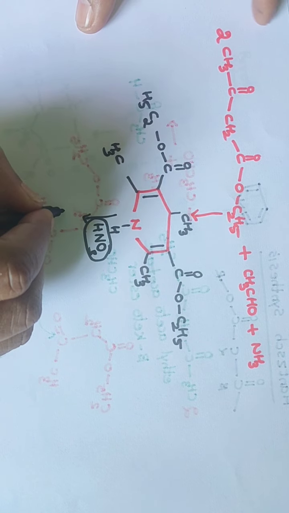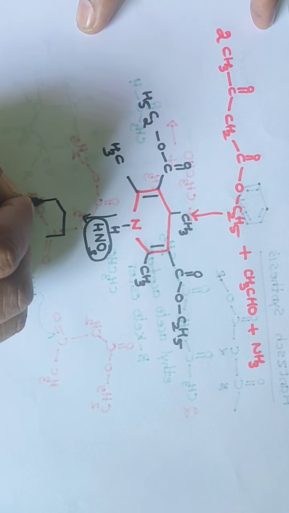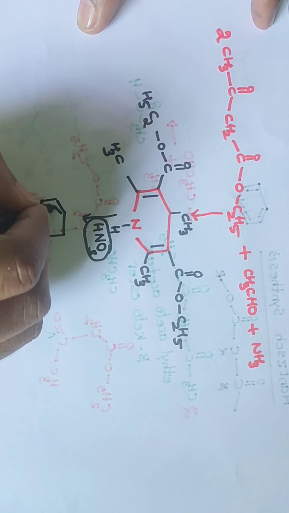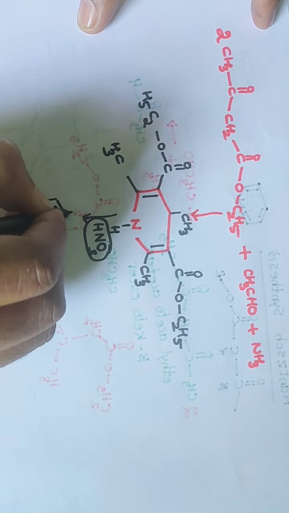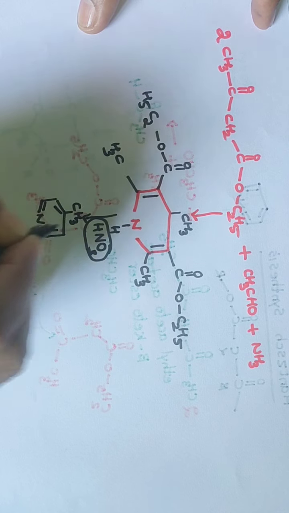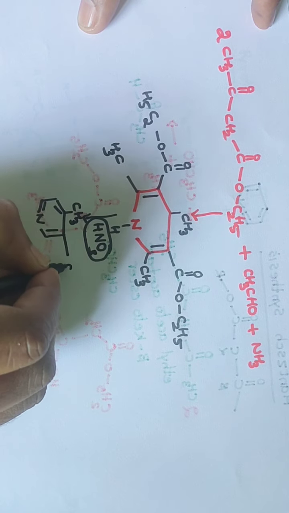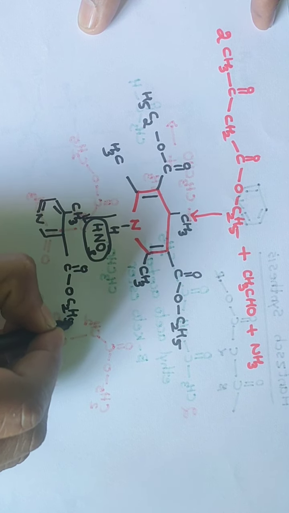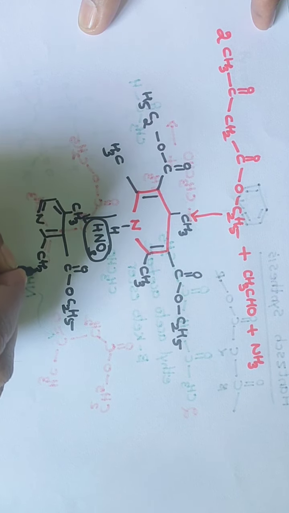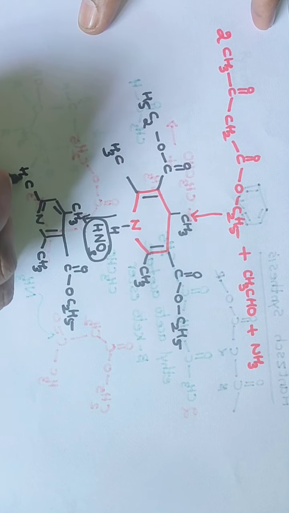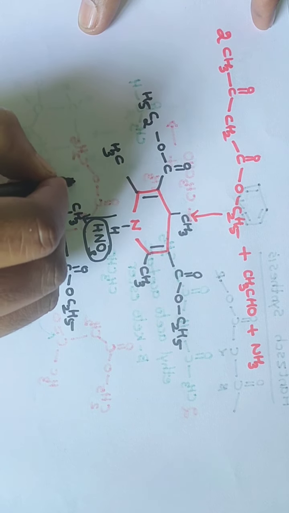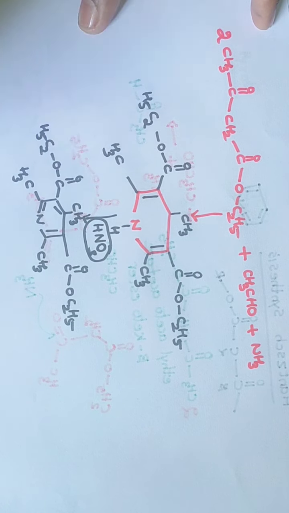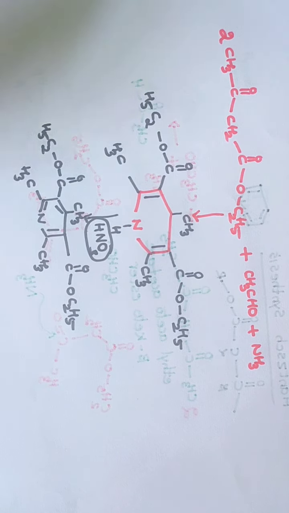Okay, so this is what you get. As usual, the groups are as usual: CH3, a methyl group, an ester part, C double bond O, OC2H5, a methyl group, then this C double bond O, OC2H5.